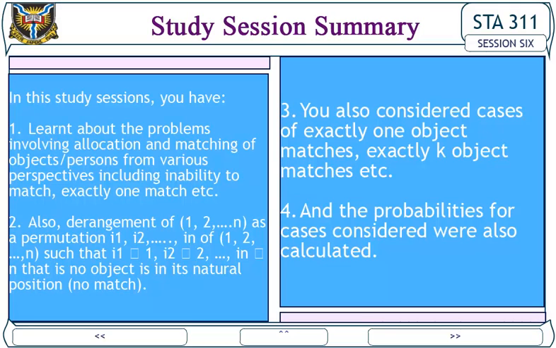Also, the arrangement of 1, 2, ..., n as a permutation i1, i2, ..., in of 1 to n such that i1 is not equal to 1, i2 is not equal to 2, ..., in is not equal to n, that is, no object is in its natural position, no match. 3. You also consider cases of exactly one object matches, exactly k object matches, etc. 4. And the probabilities for cases considered were also calculated.